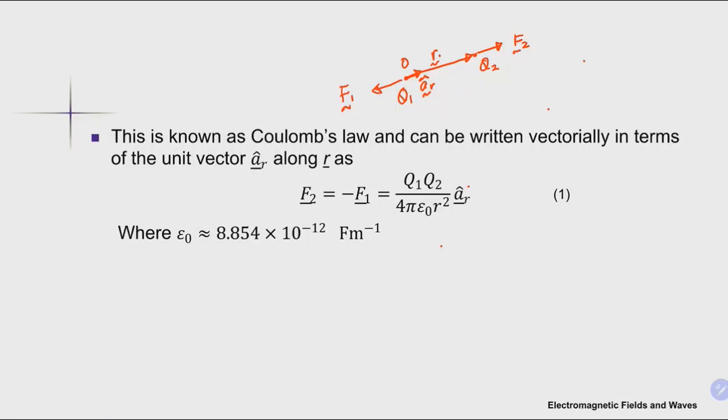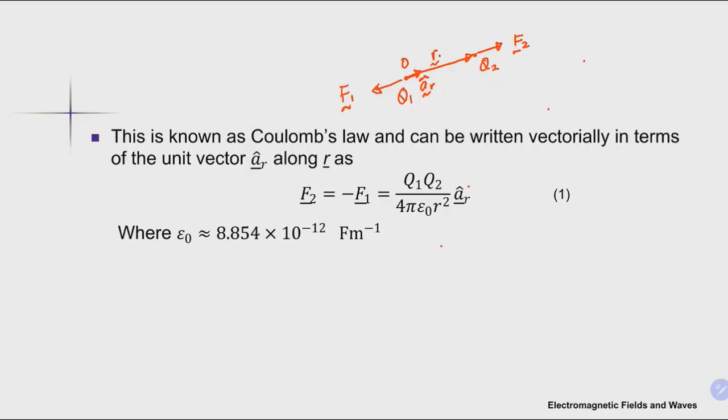So things to remember: if you define two charges, the vector directions. Normally we define 1 as the origin, so the vector points from 1 to 2, and then we define F2 to be in the same direction as the position vector R, and F1 to be in the opposite direction.